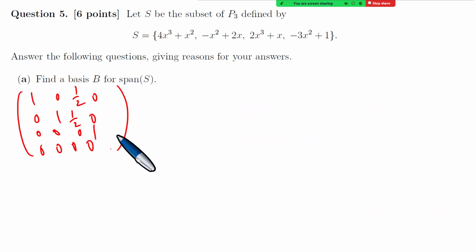So now what do we do with these things? What we do now is to find a basis for the span.